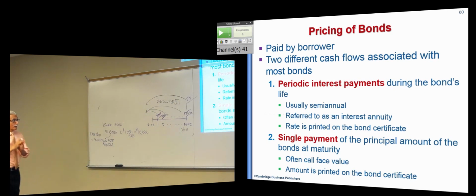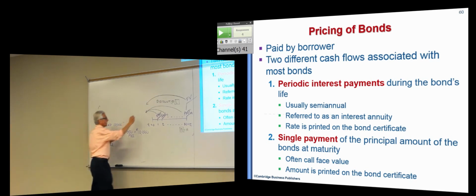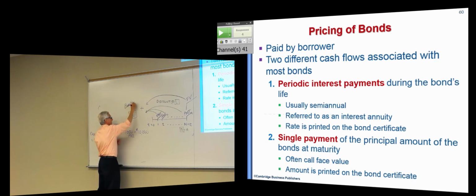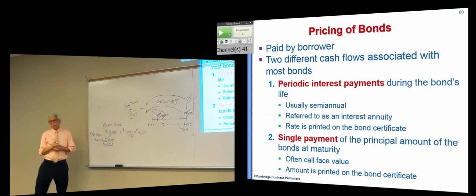So bonds will be priced at the market rate of interest. And the sum of those present values is the bond price. The bond price is the sum of the present values.